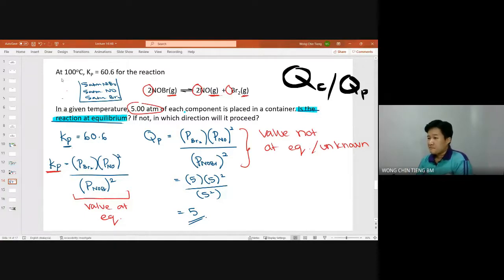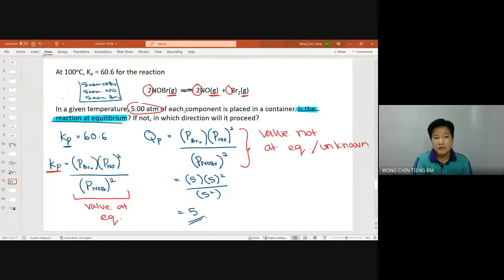Betul? My question, is your system in equilibrium? Yes or no? No. Betul? Because when you have your Q and your K will be equal if they are in equilibrium. If your Q equals to K, sayang, I write the general one.